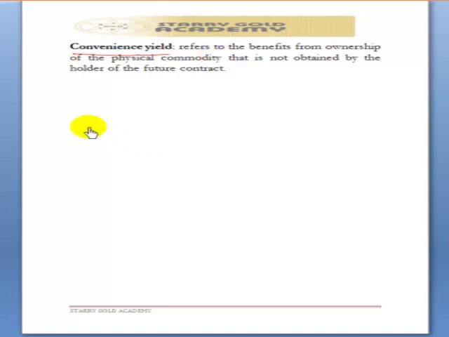For example, if you have gold, there are some advantages you will get from that gold. So we can't compare the person that has the position of the gold with the person that has the position of the futures contract, where we buy it later. You buy later, you don't have it. It's the person that has it now that can benefit from whatever benefits accrue to the owner of the gold. So the benefit the owner of the asset has, which is not enjoyed by the owner of the future, is what is known as convenience yield.